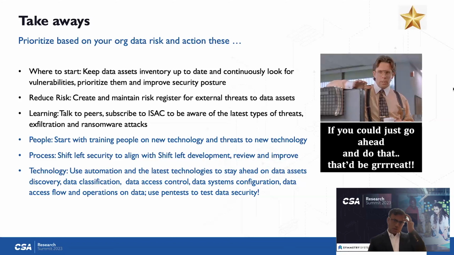Takeaways. Let me summarize what we saw in the best practices section. Keep the inventory up to date, keep the risk register, and periodically review it. Have your team go through required training, and sit with them and go through training, and then understand the new risks and how we can prevent them.